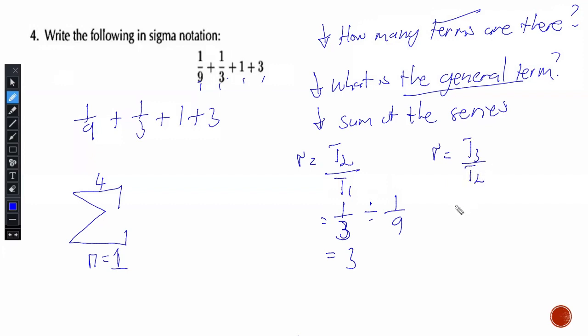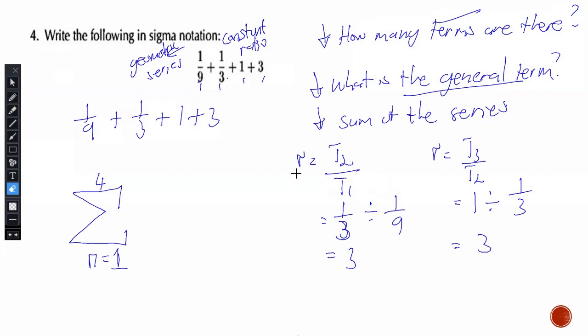T3 divided by T2 is 1 divided by 1 over 3, and we get the value 3. So this has a constant ratio. If it has a constant ratio, that means it is a geometric series.